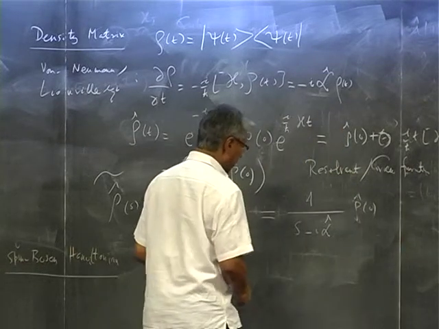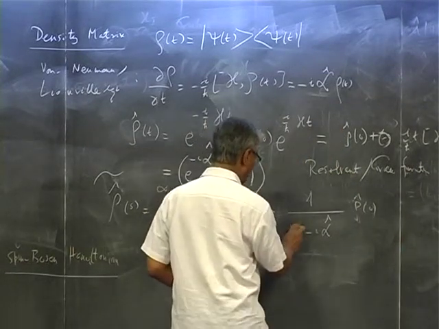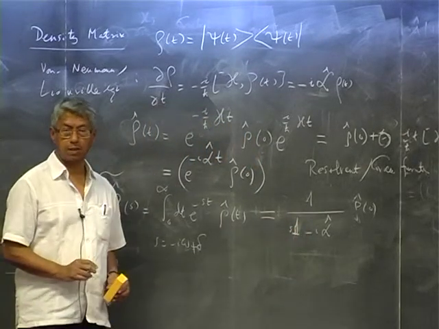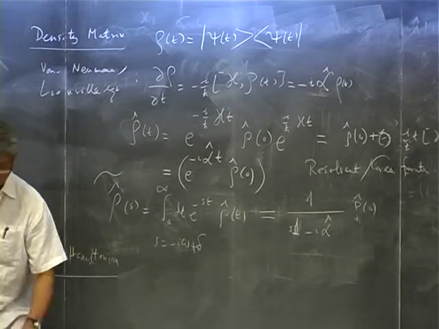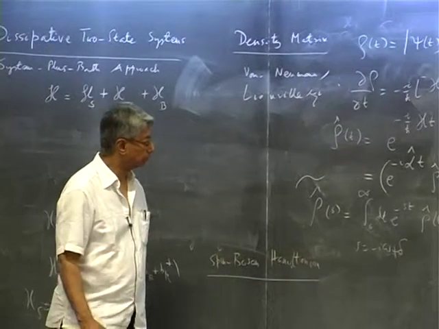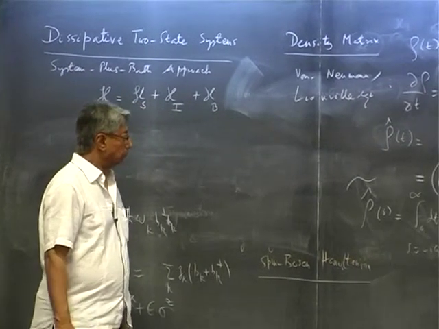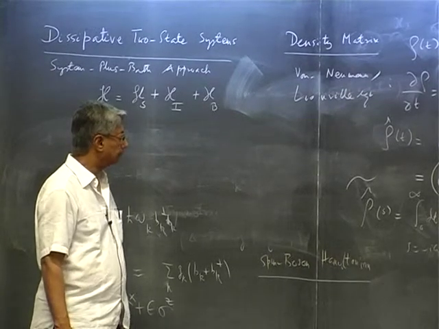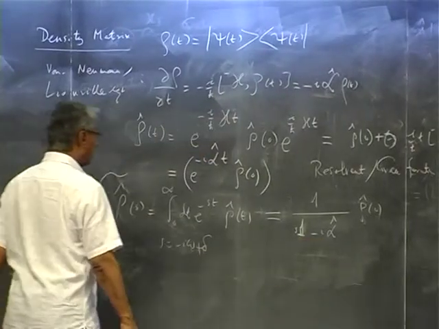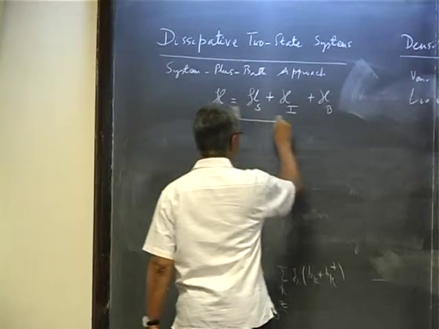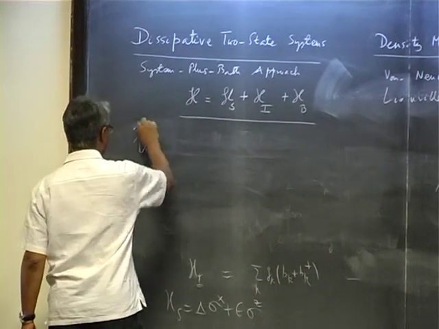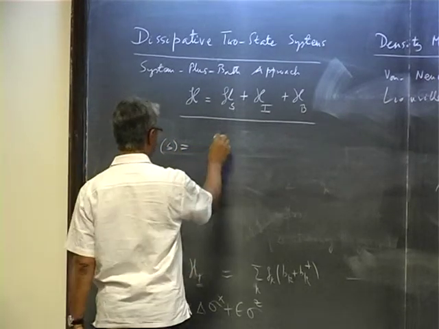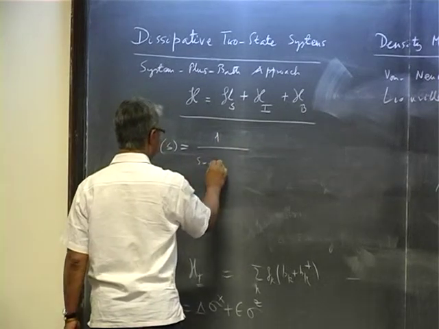Of course, you understand that this is not really s, but s times the unit operator in that space of the Liouvillian. Let me call this U. It's a Laplace transform of your time evolution operator, which is 1 over s minus iL.